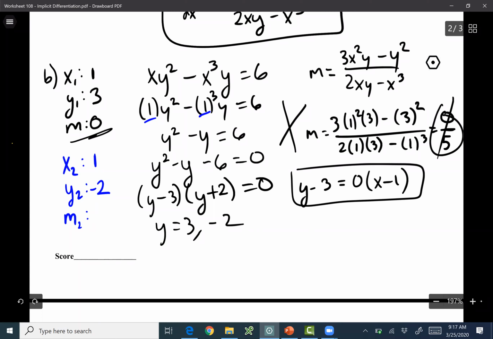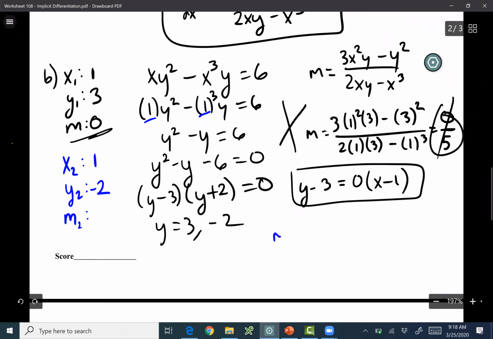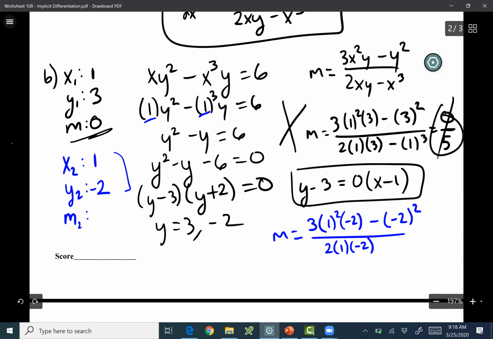Okay. Then for our second one, we're going to do the same process, right? We're going to plug in 1 and negative 2. So 3 times 1 squared times negative 2 minus negative 2 squared all over 2 times 1 times negative 2 minus 1 cubed.